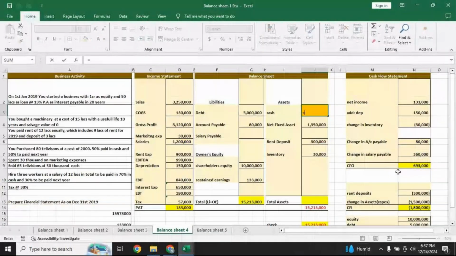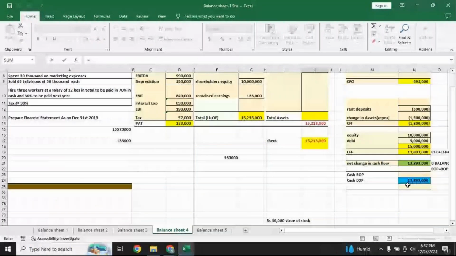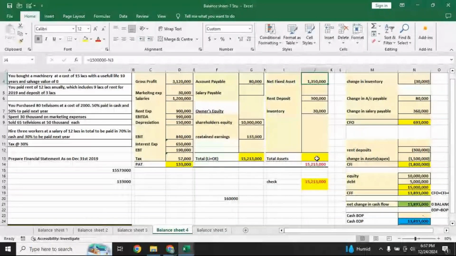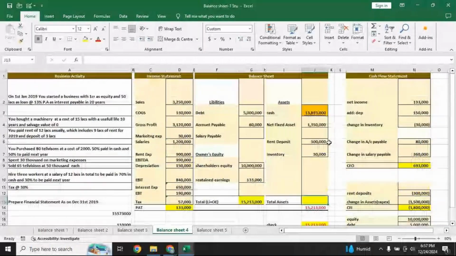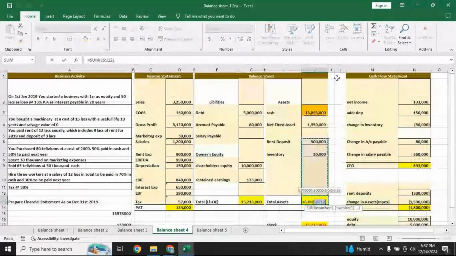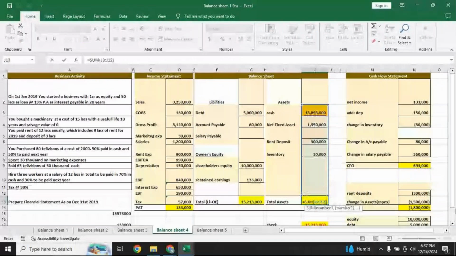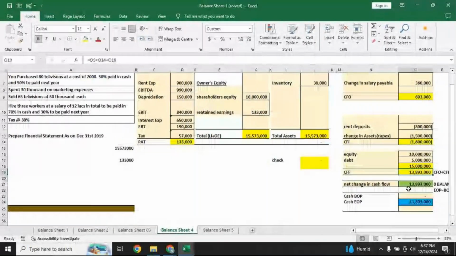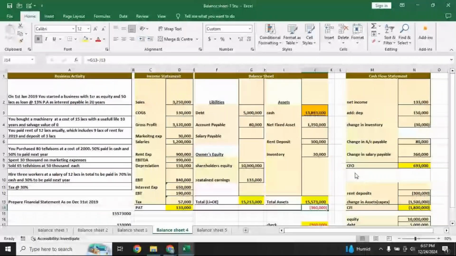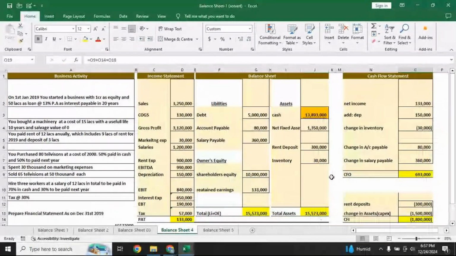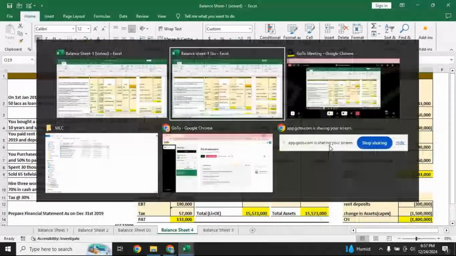End of the period. So now here, salary payable.